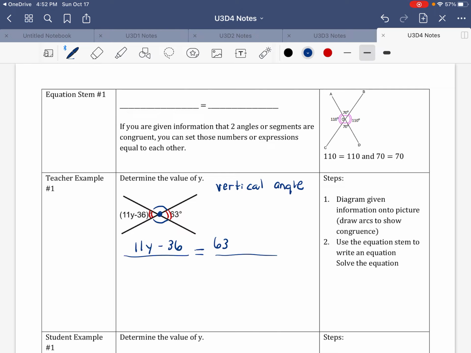We want to solve for y, so I want to get y all by itself. The first thing that I'm going to do is add 36 to both sides. I get 11y is equal to 99. And then I'm going to divide both sides by 11, and I get y equals 9.